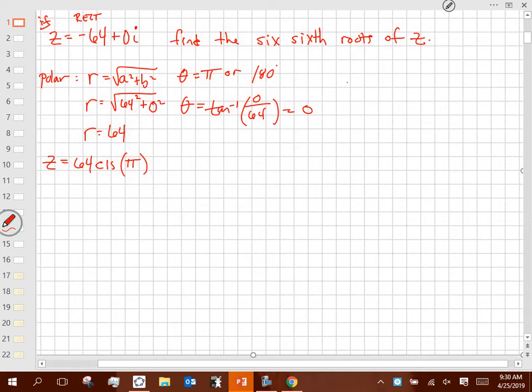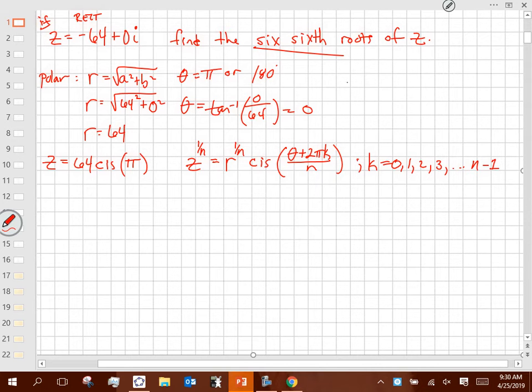So now if it wants us to find the sixth roots, what that means is that you're going to apply this formula. Z to the 1 over n is equal to r to the 1 over n cis of theta plus 2 pi k over n, where k is 0, 1, 2, 3, all the way up to n minus 1.